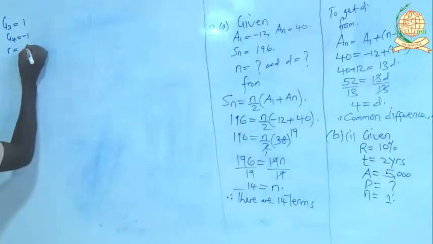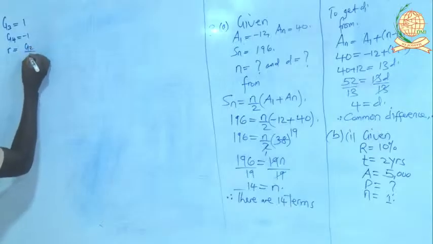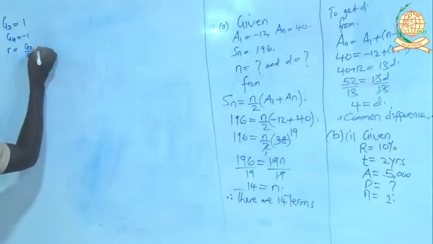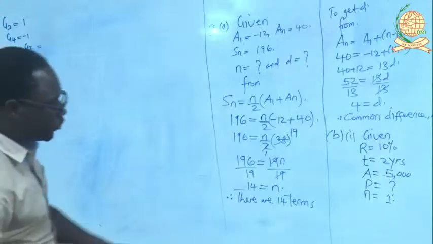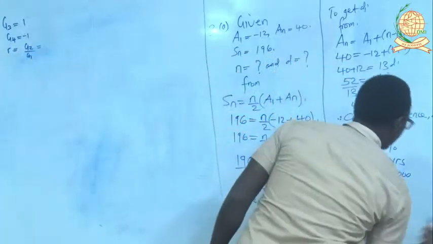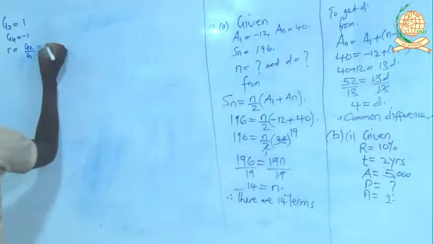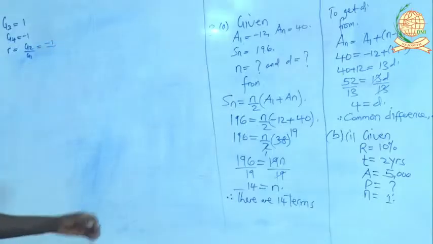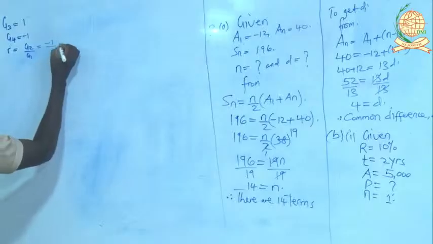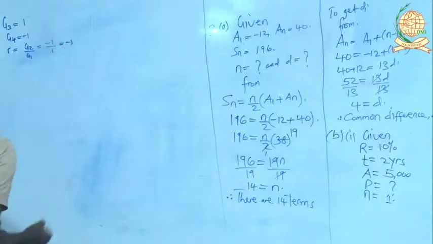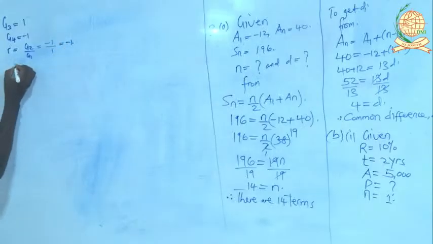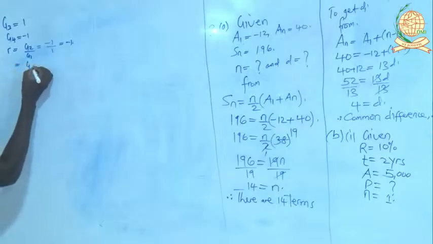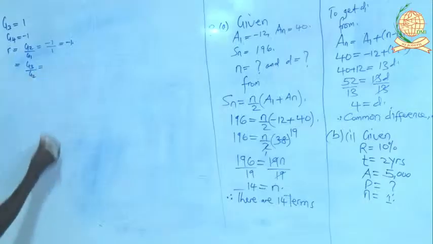Now, G2 over G1: G2 is negative 1, so you take negative 1 divided by G1, which is positive 1. There we get negative 1. This will be the same as taking G3 over G2.